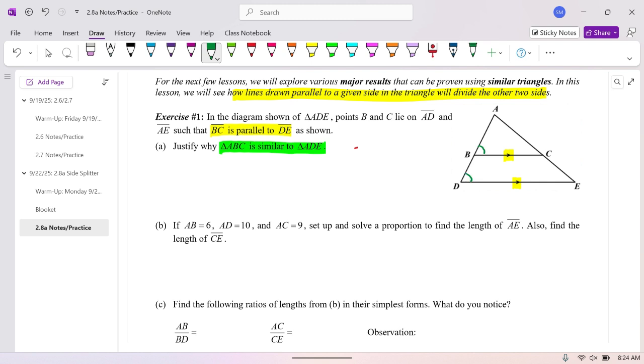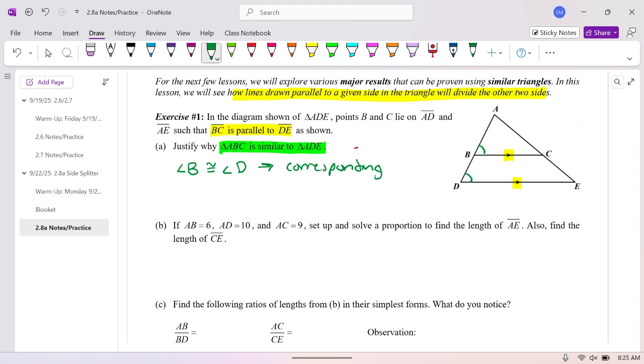Why can I say they're congruent? Because they're corresponding angles. Since the parallel lines are cut by a transversal, they're in the same spot, so they're corresponding.